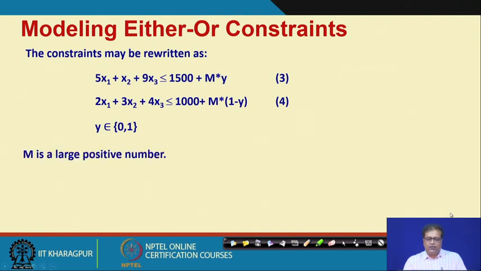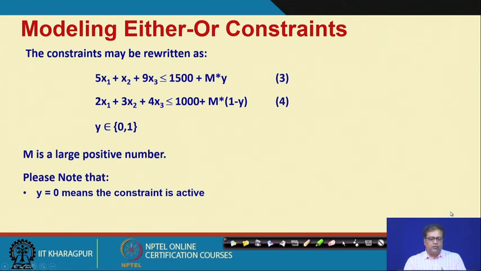Now, M is definitely a large positive number. Please note that y equal to 0 means the constraint is active, y equal to 1 means the constraint is not active. That means if y equals 1, M is added, and 1500 plus M is a very large quantity, and therefore the constraint is not going to come in. That means the LHS will always be less than this quantity at all times.